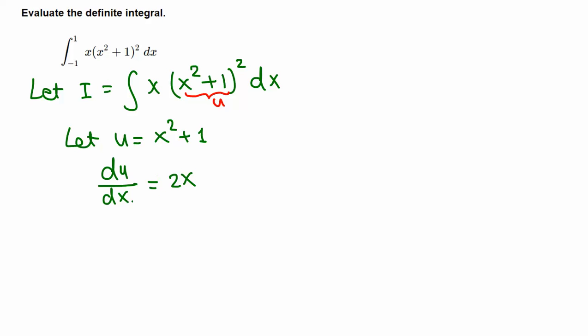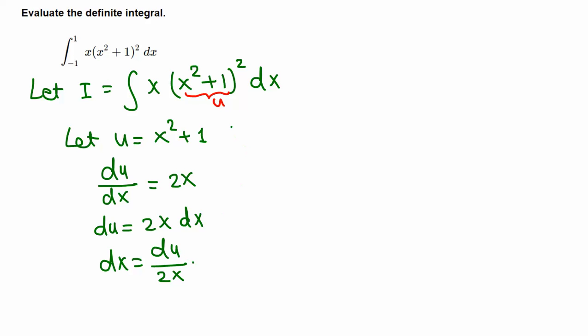Now we want to isolate dx from here, which is the same as in the differential form. It's like cross multiplying. du equals 2x dx. Then we can isolate dx, so divide by 2x. So dx equals du over 2x.